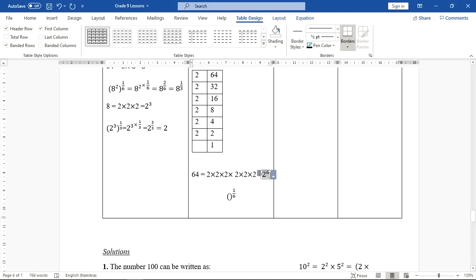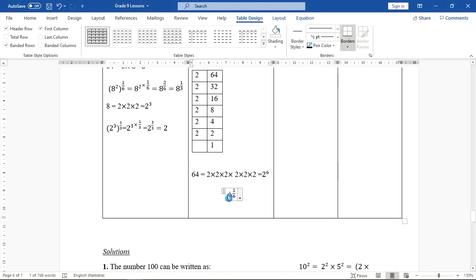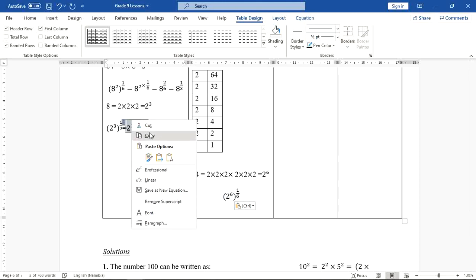We copy it and paste it in there, and then we simplify. So we are back to this step. You multiply this little exponent by 1 over 6, and if you do just that, this is what we're going to have. Easy now.